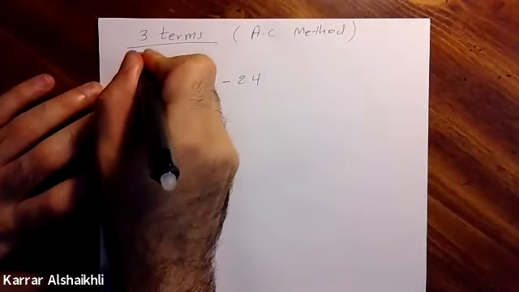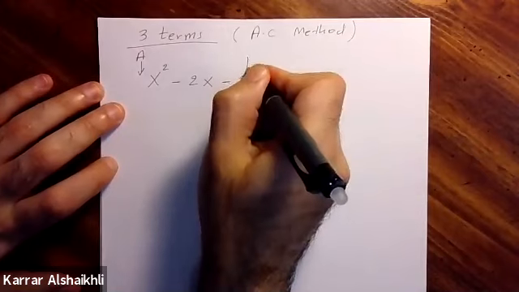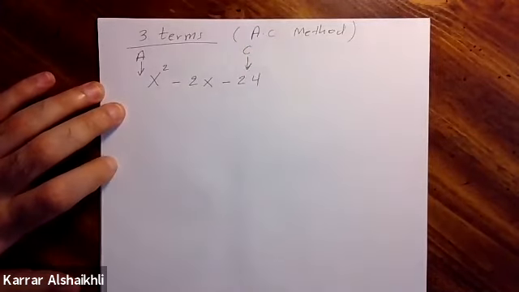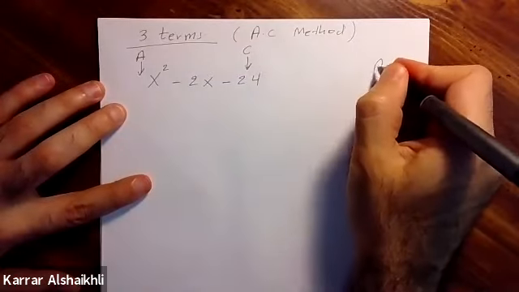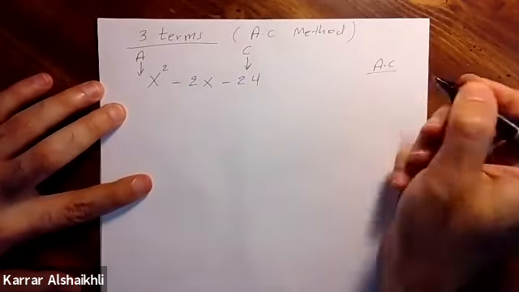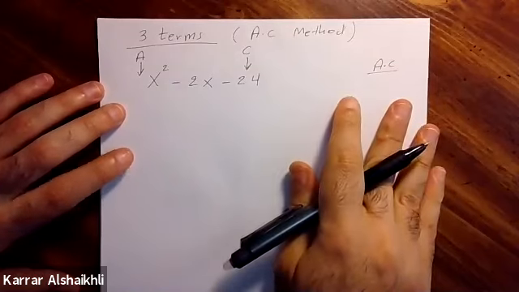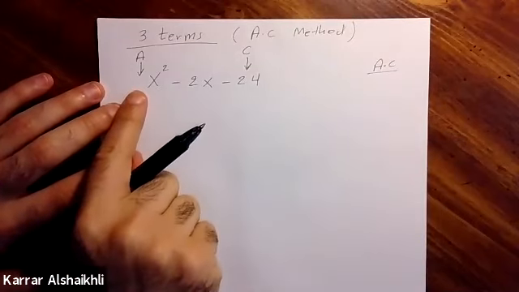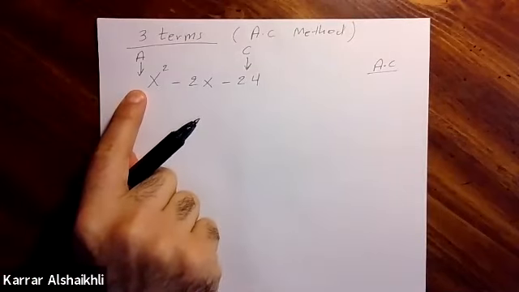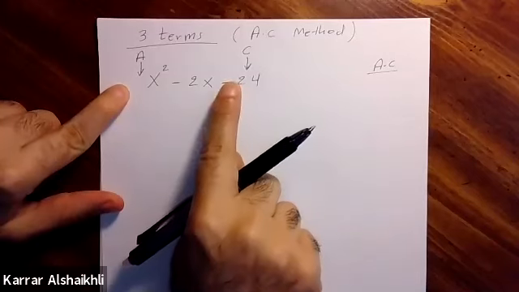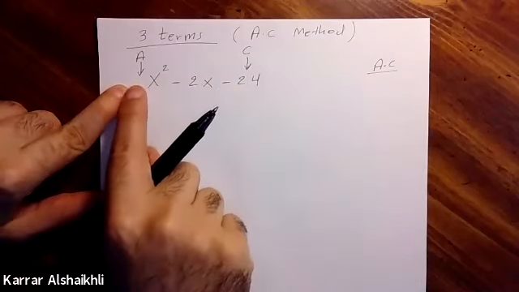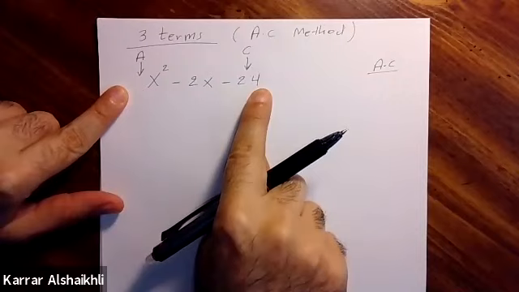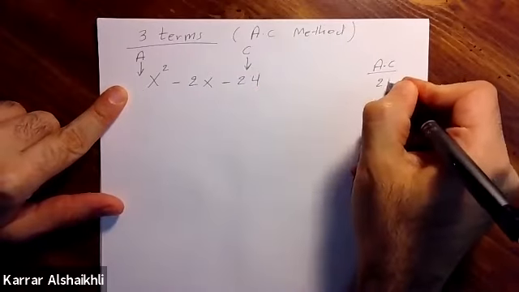Always the number here is the A, and the number here is the C. AC method means A times C. Tell me what's the number here? 1. What's the number here? 24. I'm not going to care about the sign. So 1 times 24 is going to be 24.